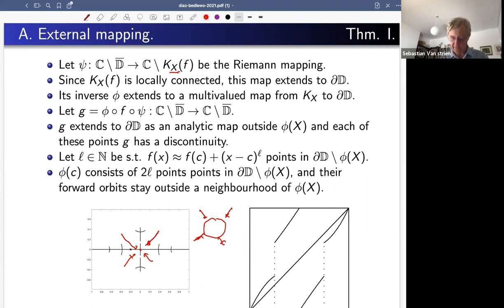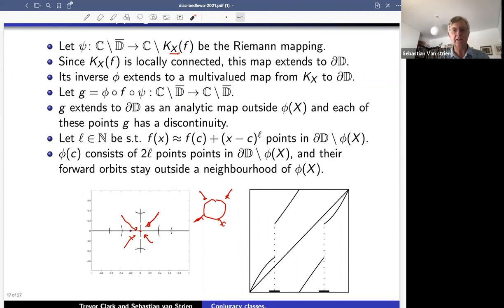Now I can define this object here, which is looking at my map, but from the complex point of view, taking a very small, suitable neighborhood of the dynamical interval I. Then this map G extends to the boundary of the disk as an analytic map, except at some points where you have jump points.